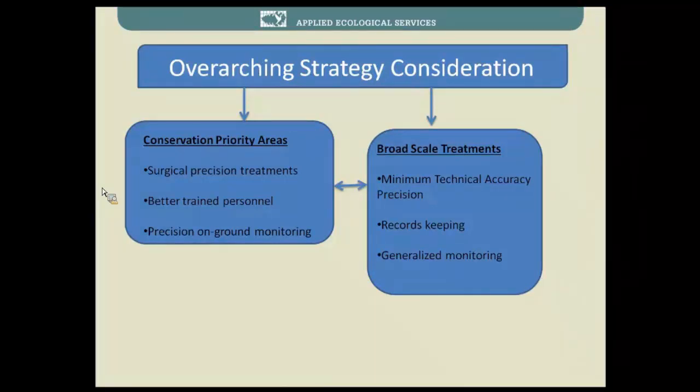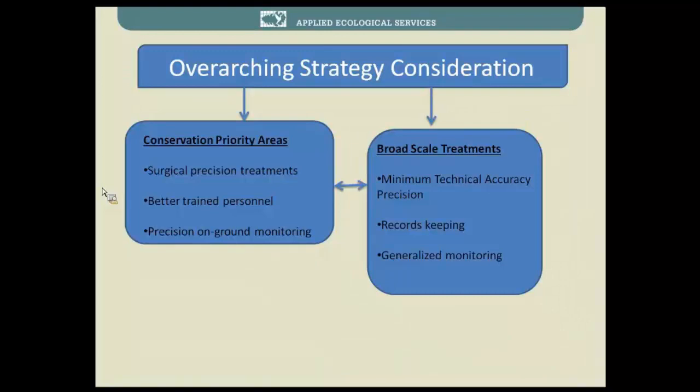What we've learned is that there's a pretty serious overarching dilemma in any project site where Phragmites management is necessary or desirable. There's the push and pull between the need to do broad scale treatments where minimum technical precision might be necessary. And by technical precision, that means using techniques that allow you to just discriminate and treat Phragmites and not other plants, and not overspray or overtreat areas beyond the target.